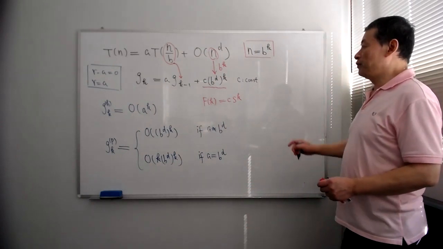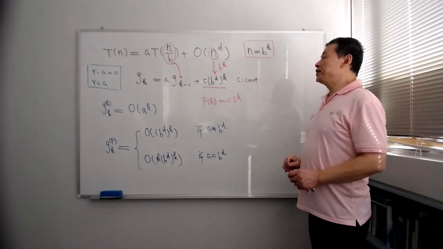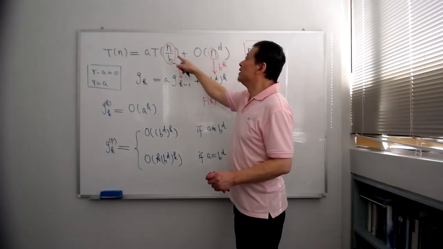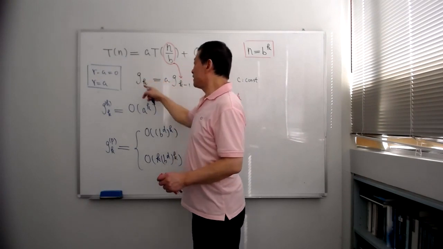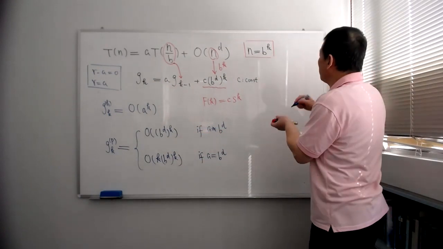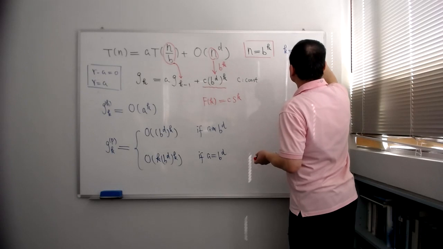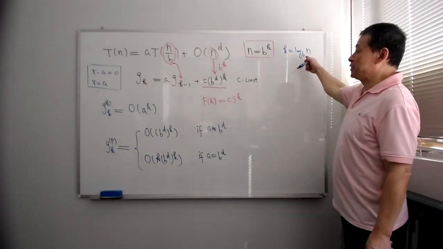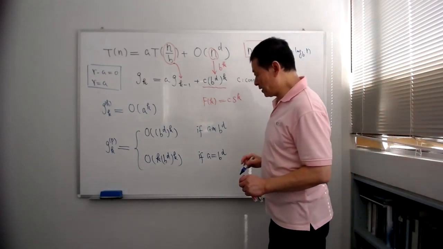So we know the solution for this linear recurrence relation. Now what we need to do is replace k by a function of n, to get back the solution in terms of n instead of k. Because of this relation, we have k equals log base b of n. Now we replace k by this to get a solution in terms of n.